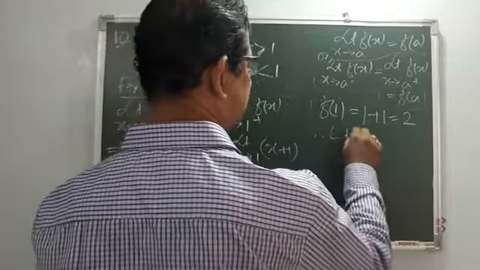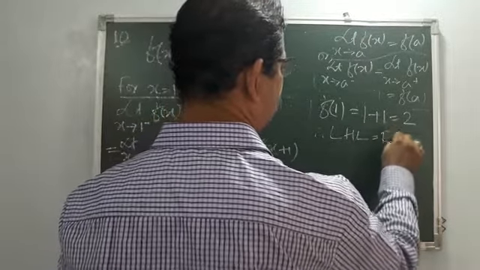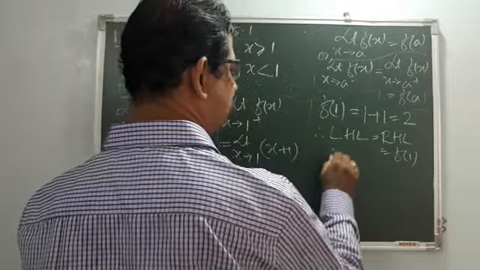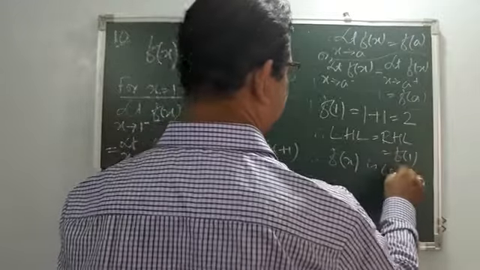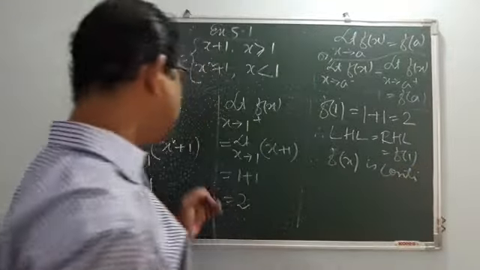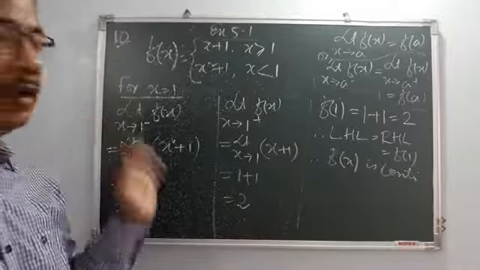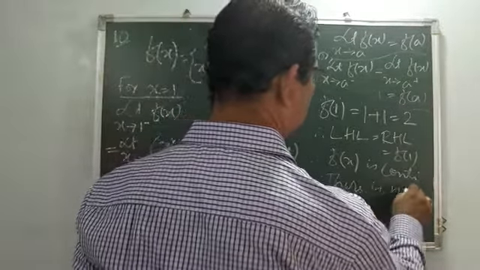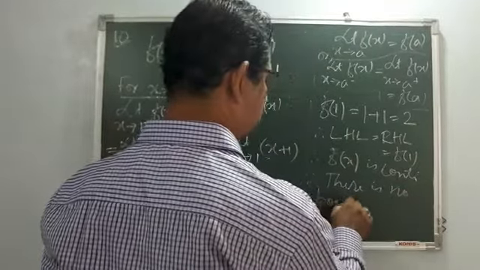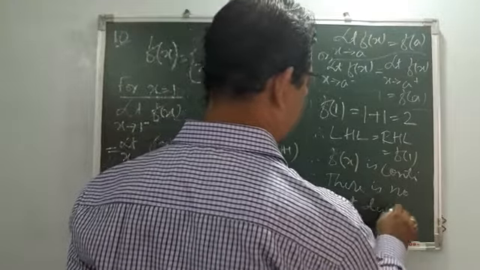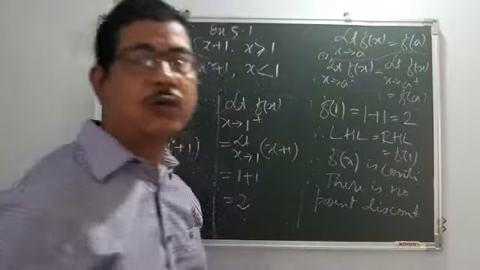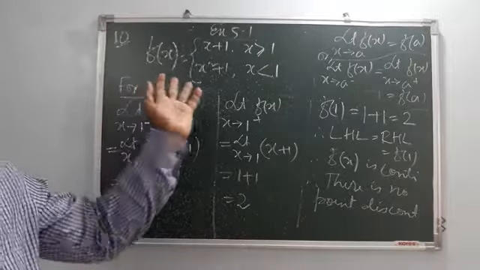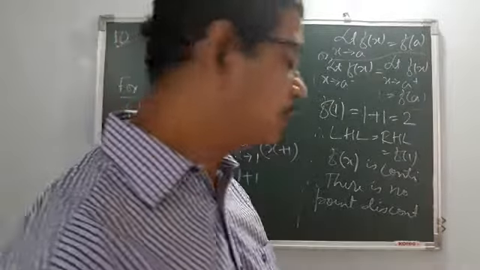Therefore LHL equals RHL equals f(1). So f(x) is continuous, not only at x equals 1, but for every real number. Therefore there is no point of discontinuity in the real numbers for the function f(x). So this is our question number 10.